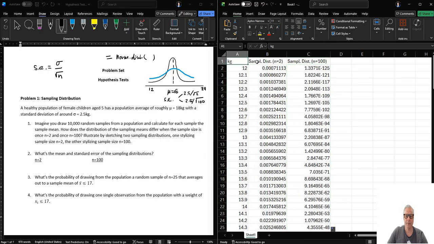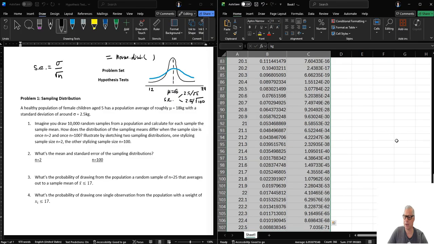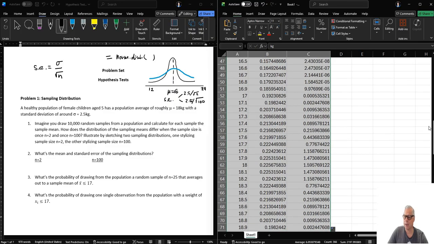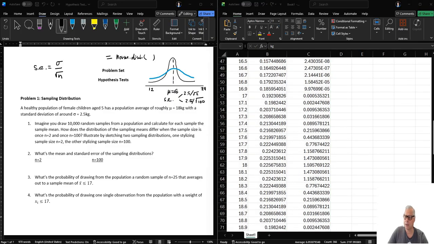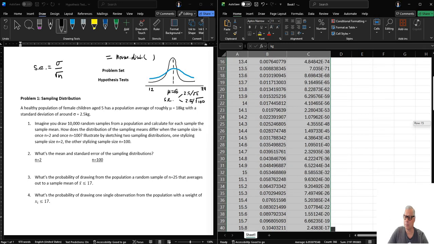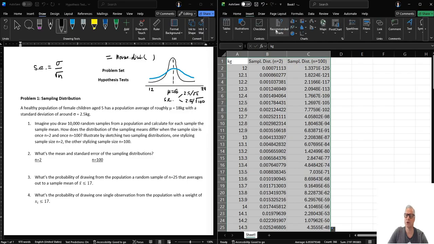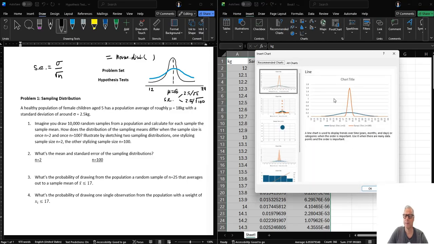And okay, so now we can just visualize it, and then we get actually the exact sampling distribution. So now let's see what it looks like. So we highlight the entire data array, and then we go to Insert, Recommended Charts, and here it is.